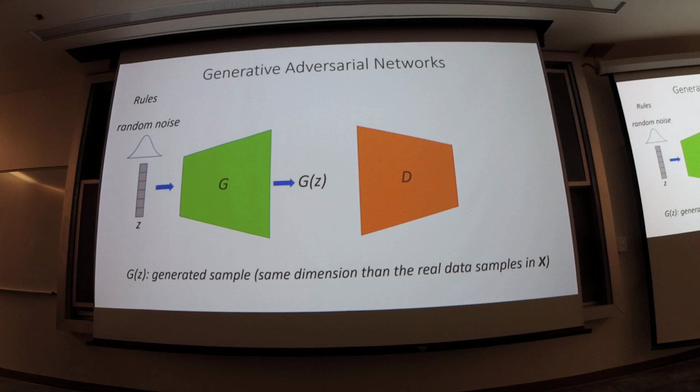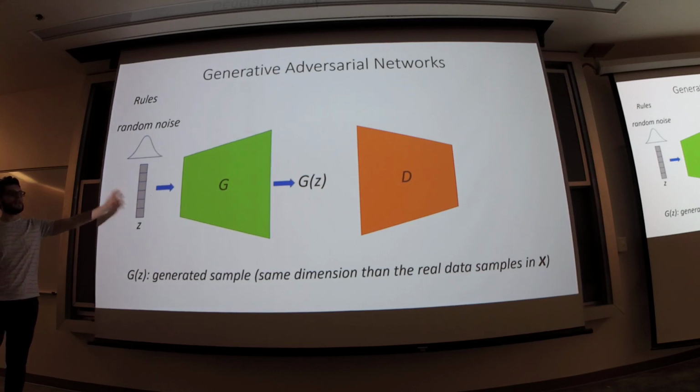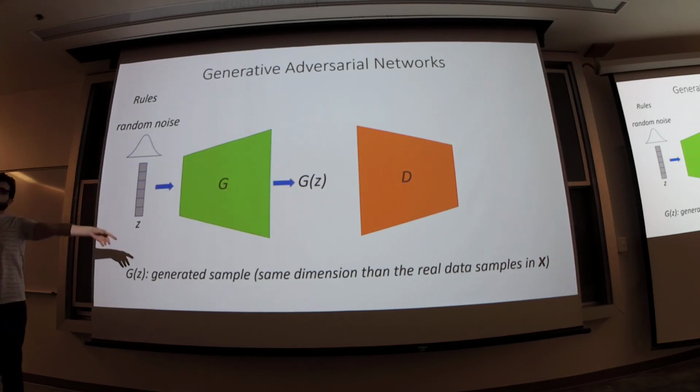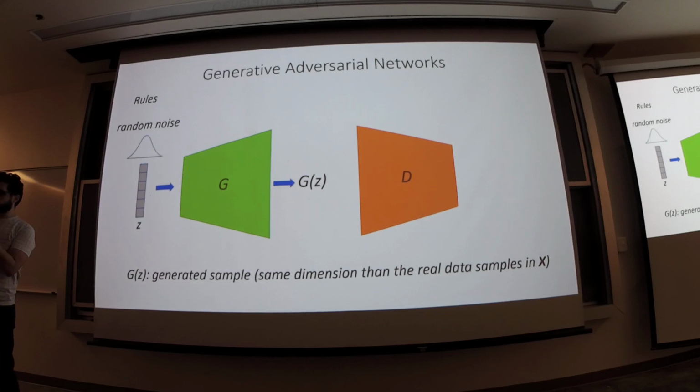Okay. So we obtain this G of Z, which is a generated sample that is of course in the space of X. For example, in MNIST, if you want to generate new handwritten digits, we give either a 64 or 100 dimensional Z to the generator, and the output will be a 28 by 28 image, like the MNIST digits.